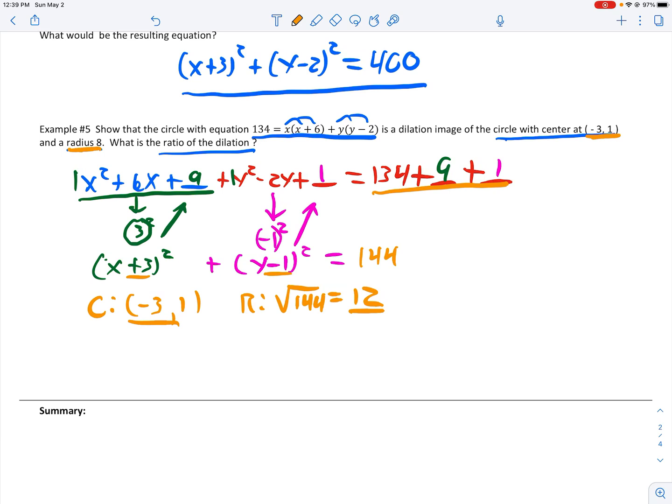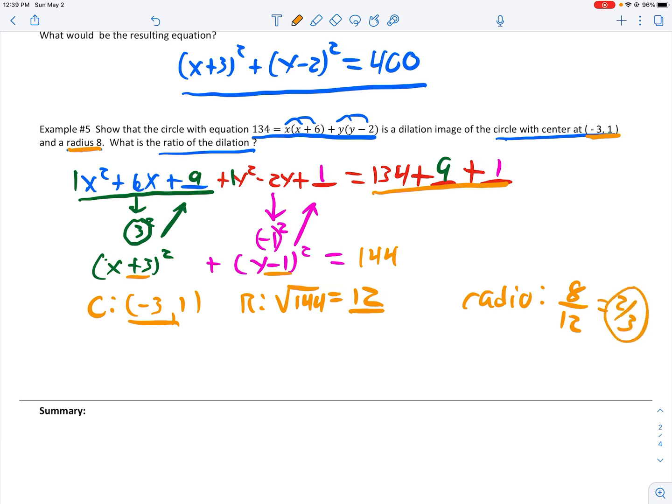So the ratio, however you want to look at this, it doesn't say which circle to start with. So the dilation ratio, again, it doesn't say which circle to start with. I guess we'll start with the smaller one. So 8 to 12. So that would become 2/3.